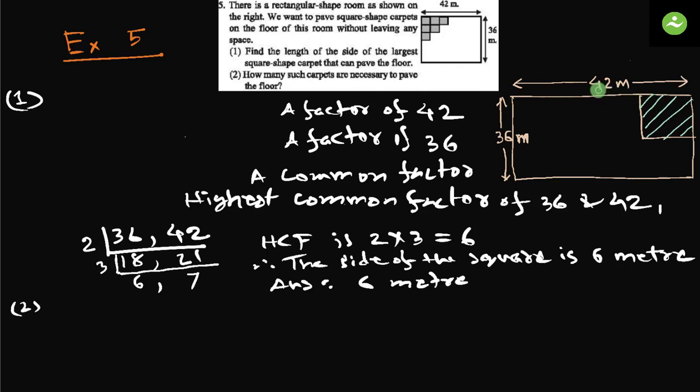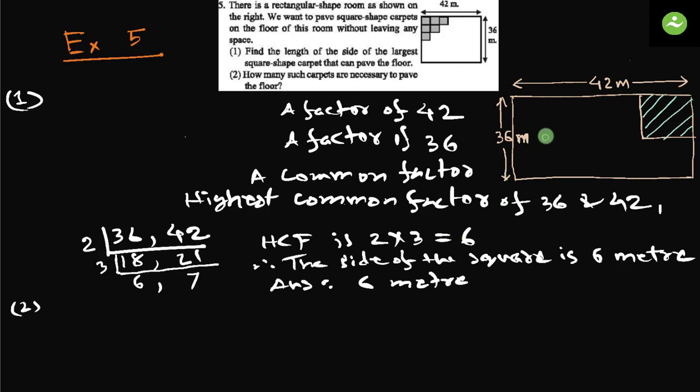So how many carpets do you need for one row? This is 7. 7 into 6 is 42. And how many rows are there? 36 meter width. So 6 into 6 is 36. So 6 rows. So 6 into 7, total 42 carpets we will need.